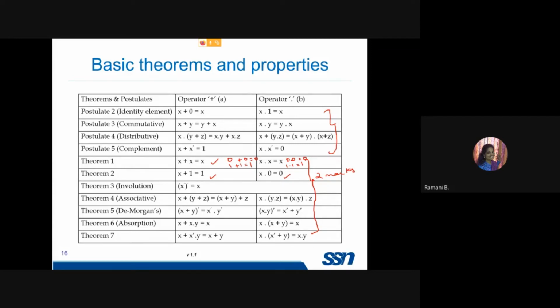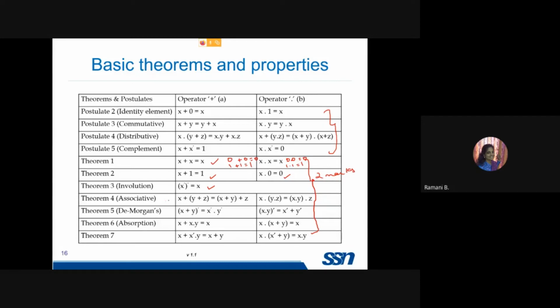Same way, if you are going to do the AND operator or the dot operator with 0 with any element, irrespective of that element, the value will be 0. And the complement of the complement will give you x. This is called the involution theorem. So for certain theorems, we have names. So x bar the whole bar will give you the value x.